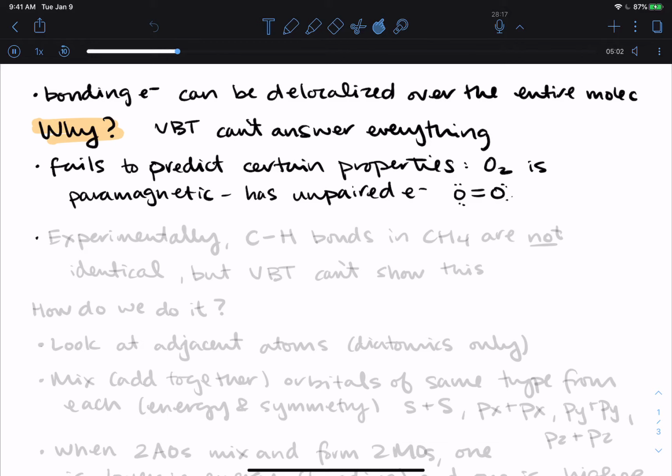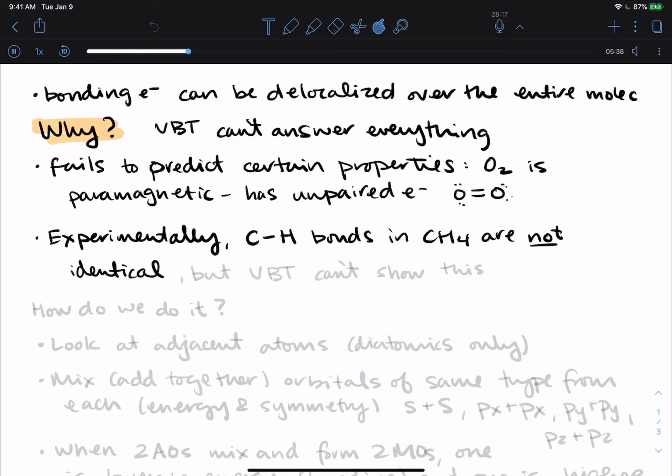The other thing where valence bond theory fails, so experimentally, the CH bonds in CH4 are not identical. So if you remember, one of the arguments to get us into valence bond theory was that the BeH bonds in BeH2 were identical.